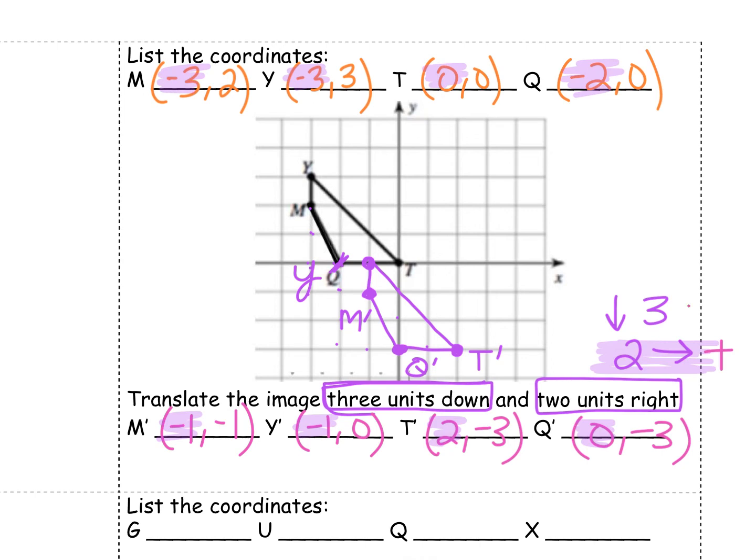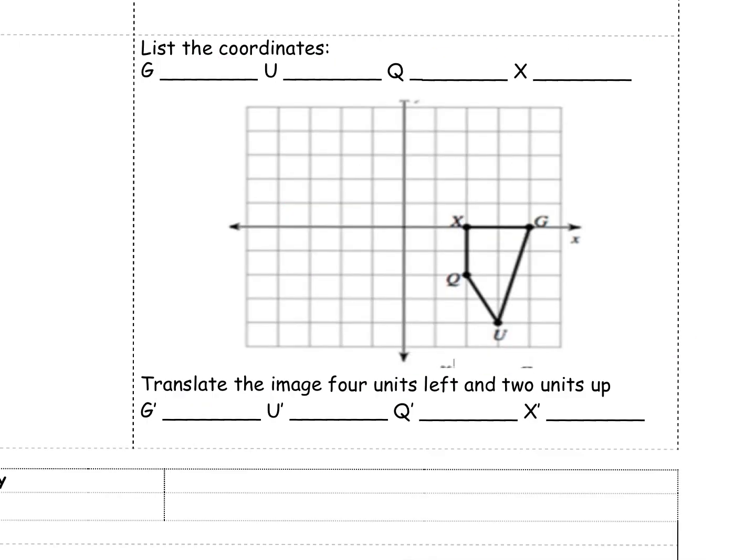When y went down 3, that's subtracting 3. So 2 minus 3, negative 1. 3 minus 3 is 0. 0 minus 3 was negative 3. 0 minus 3 is negative 3. We don't necessarily have to graph if we know how we're moving and how that affects my coordinates.